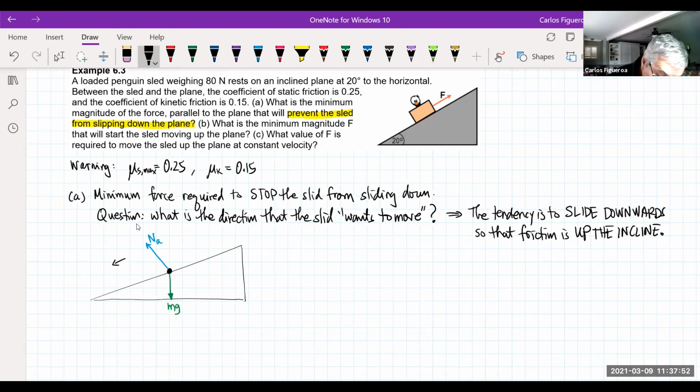But look what I write. V equals 0 is down. Even though it's not moving, the tendency is to slide down. So when I look at this thing here, then that means that the frictional force has to be in which direction?